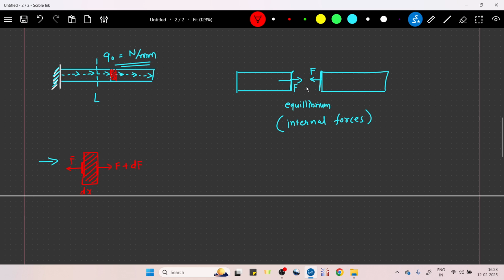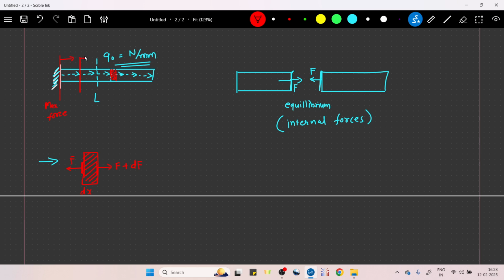So you can understand from this. For example, you can just imagine this particular rod. If I take this particular section, it is going to experience the maximum force, right? Because this section will experience the force from the right hand side of the complete structure. If I take this section, this will have less force compared to this section.